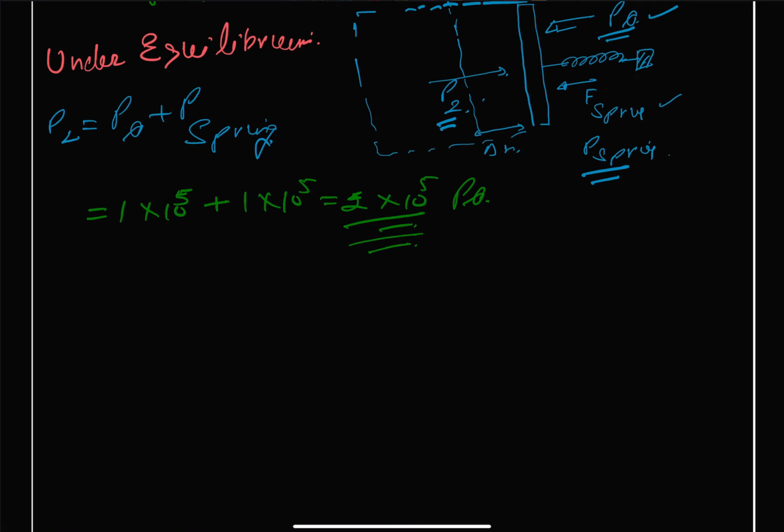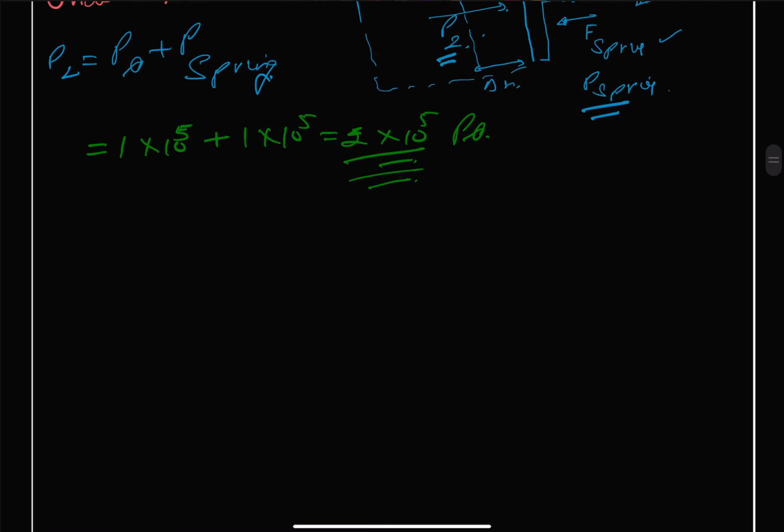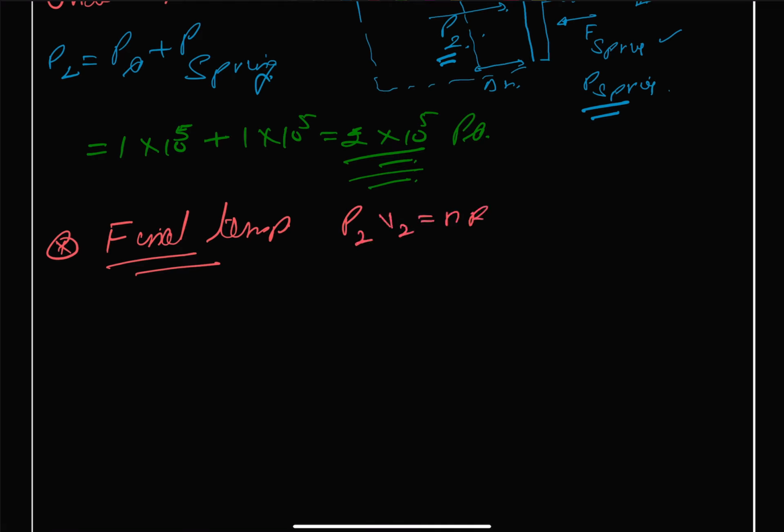Now we come to the final temperature, and for that we can use the ideal gas law. We can say P2 V2 is equal to nR times T2.